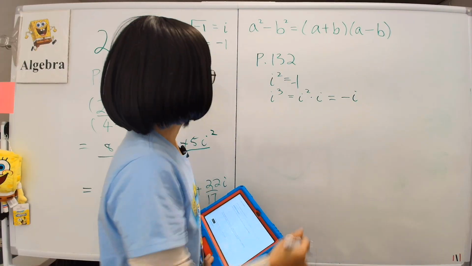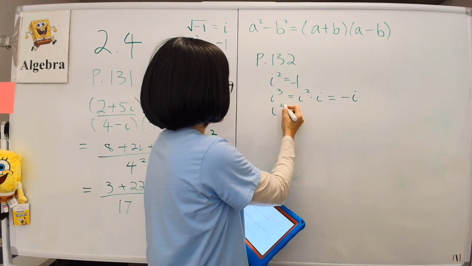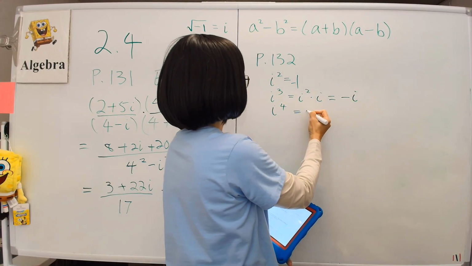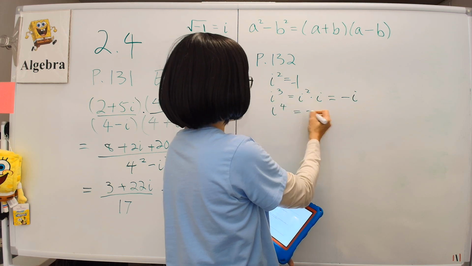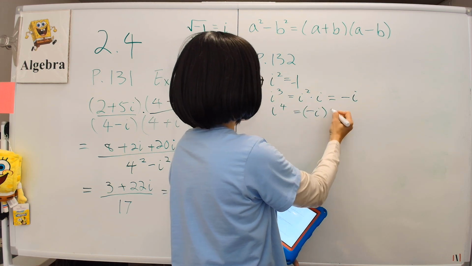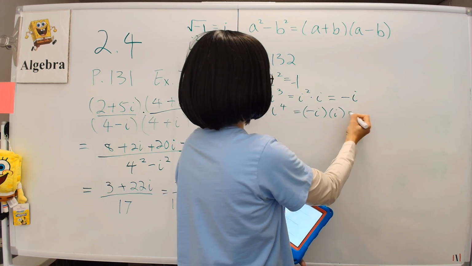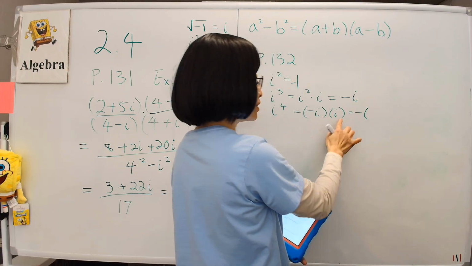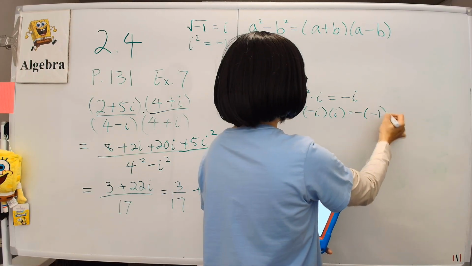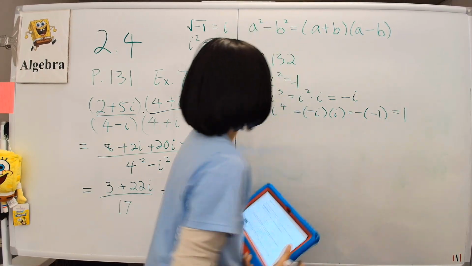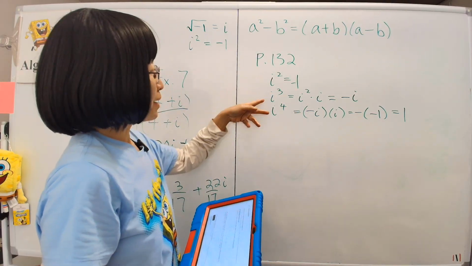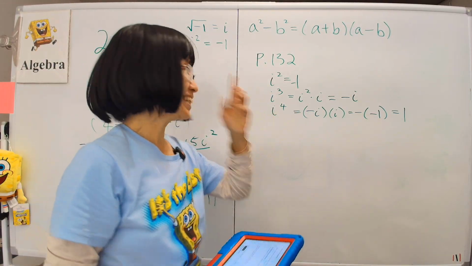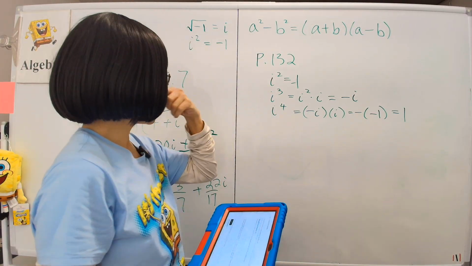And then i to the fourth, if you keep going, you notice that i to the fourth equals i cubed, times i again, which is minus i squared, and i squared is negative 1. So that becomes positive 1. What that means is that every fourth power, i becomes 1. How interesting is this?